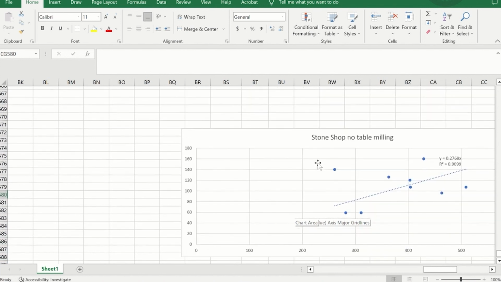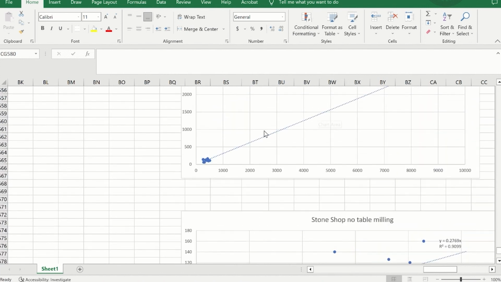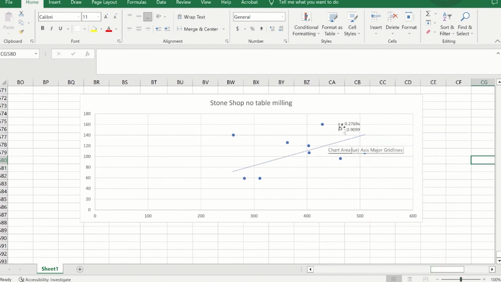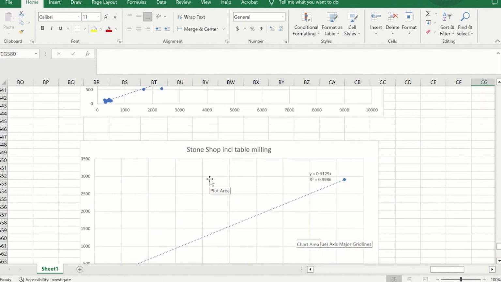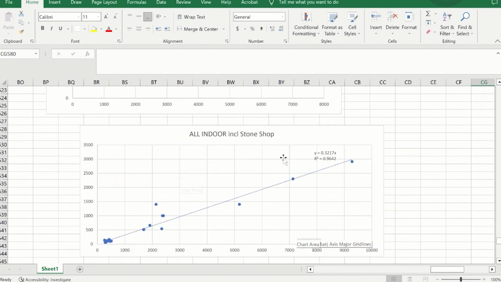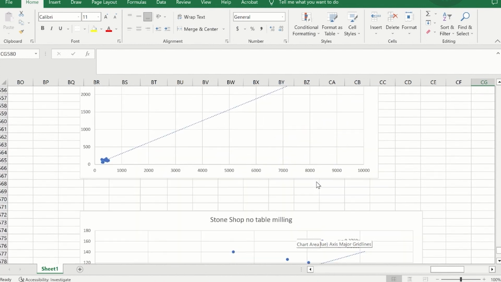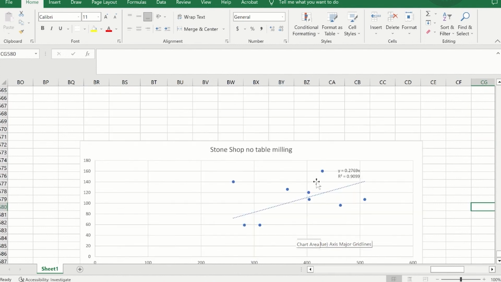But if you take out that table milling and just look at these down here, the correction factor is about 0.28. So the stone shop probably has its own correction factor at the end of the day, but it agrees favorably with the other ones. Not stone was 0.33, and the stone ones by themselves are 0.28.